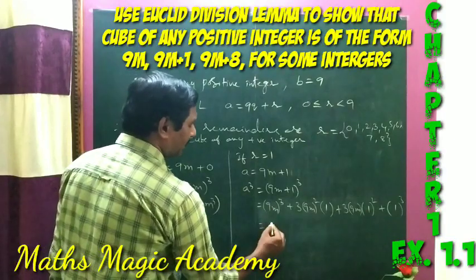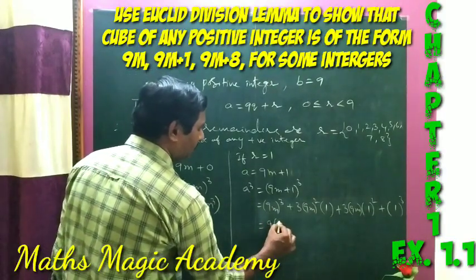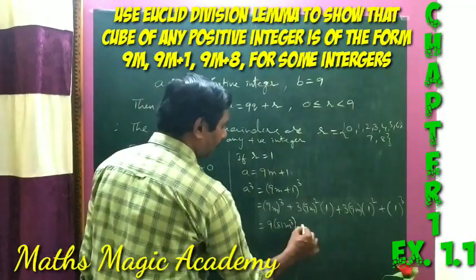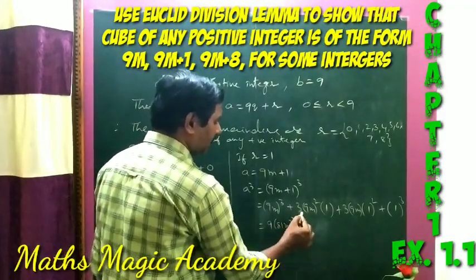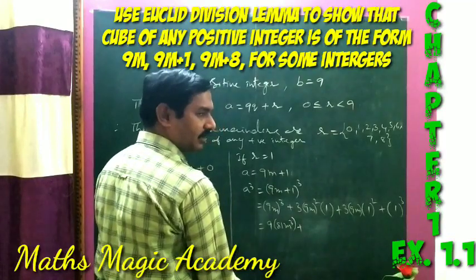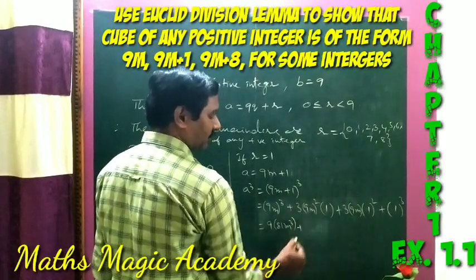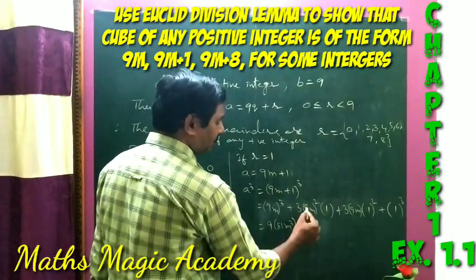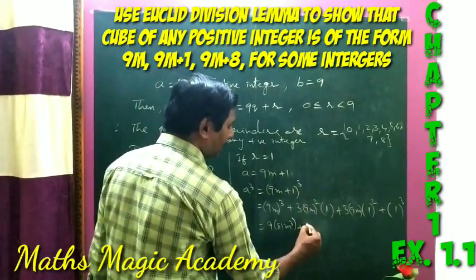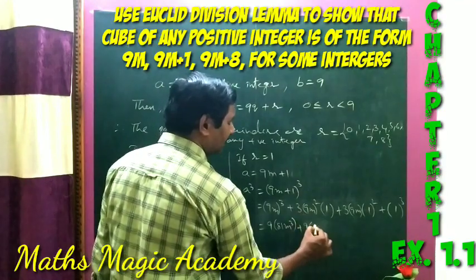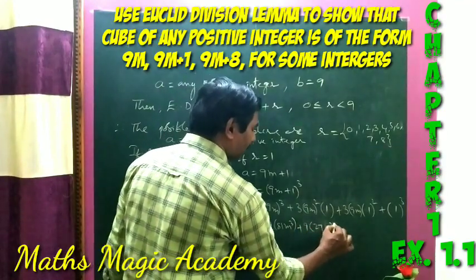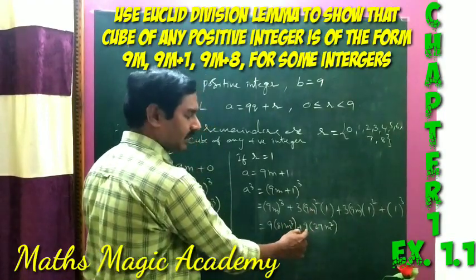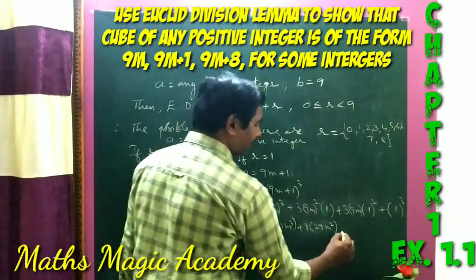So here 9 into 81m cube, and here 3 into 9 square into m square. In that 9 square I will take 9 common, and 3 nines are 27m square. Understood? Here 9 square will be there, one of the 9s I am taking outside, and 3 nines 27m square.